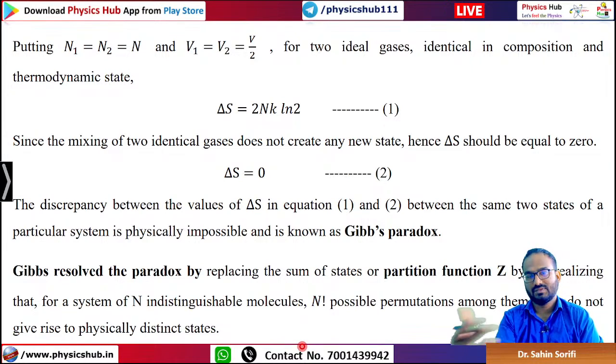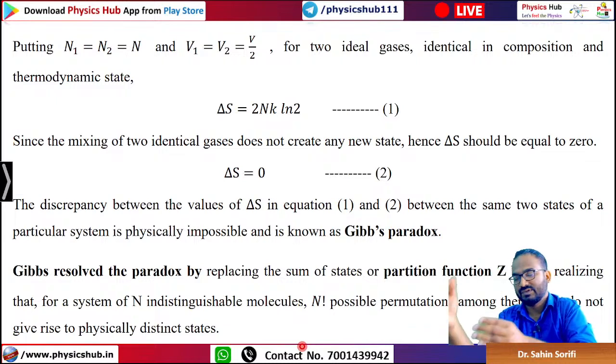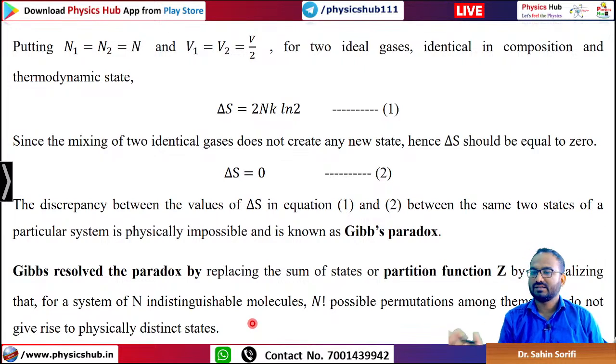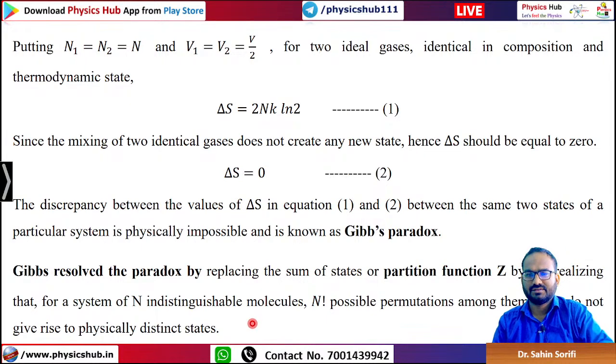They are all identical. If you keep this one first, this one second, or that one first, it will not change. The configuration is only one configuration. So we are over counting by n factorial. That is why if you divide by n factorial, that over counting issue is resolved and the Gibbs paradox is resolved. Okay.